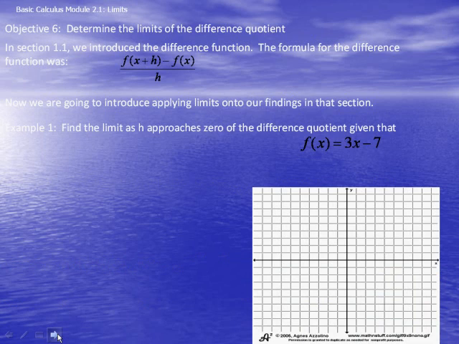Well, if f of x is equal to 3x minus 7, then we're going to substitute x plus h to start off with.